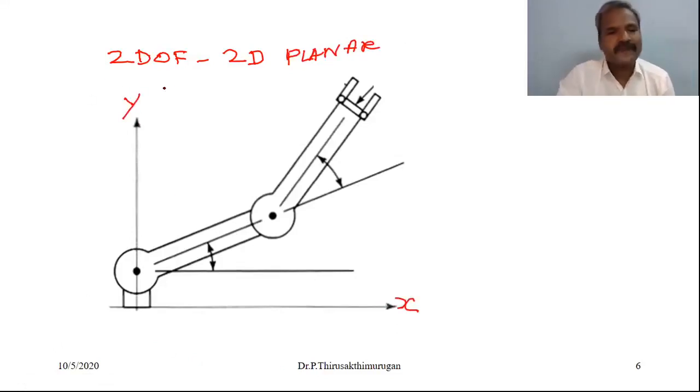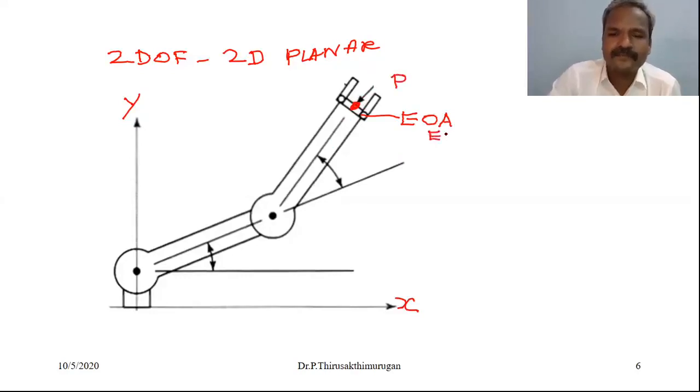So the x and y are global axes. Global or world. This is the end effector, or hereafter I will say end of arm. So this point is the position of the end of arm, or say end effector.